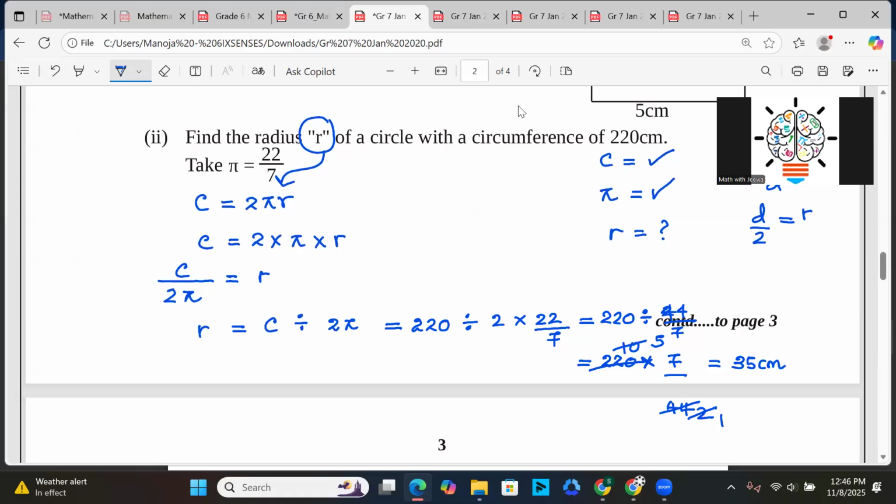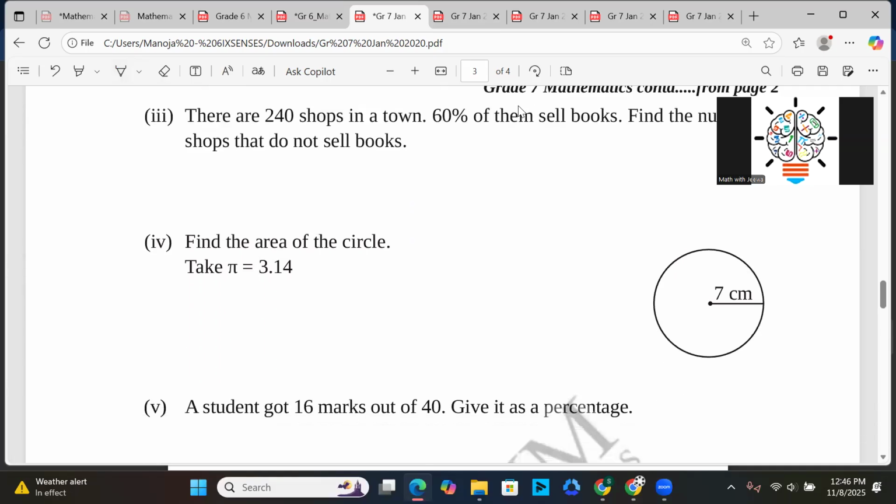I can divide 220 by 22. It gives me 10. And I can divide 44 by 22. It gives me 2. Then I can simplify 10 and 2 again. It gives me 5. 5 times 7, 35 centimeters. Right. Then I'm moving to the next one.